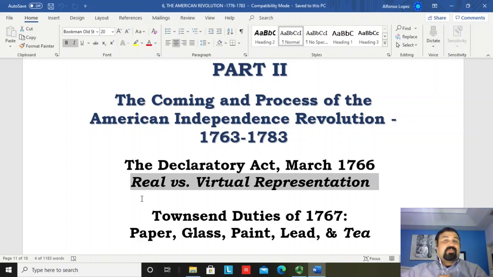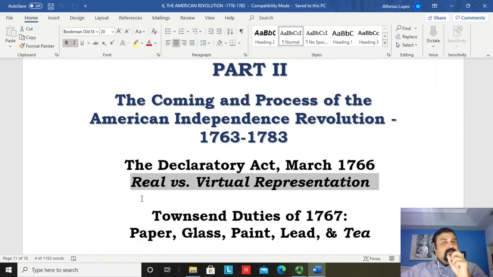But the most important thing the Declaratory Act said is that even though we're going to remove some of those taxes, please understand that the supreme authority over the colonies is the British Parliament. This is a declaration of authority.